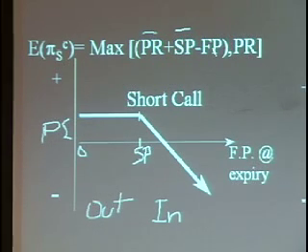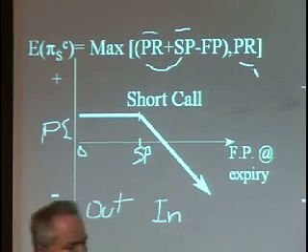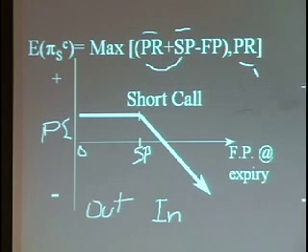So you don't want this number to get too large. If it does, then it will swamp these two, and you'll have a loss. As Mary said, the potential loss is very huge for the seller of a call. The maximum profit's a premium. The most you can make selling the call is a premium.